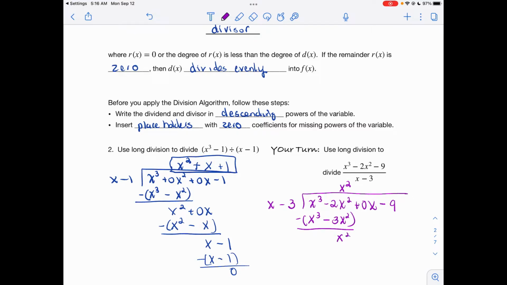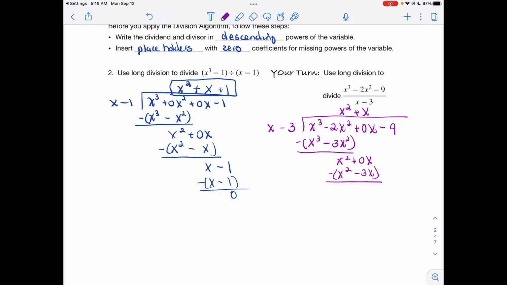That gives me an x squared. Bring down the next term. What can I multiply x by to get x squared? A positive x. So it gives me x squared minus 3x. Subtract that, and that gives us a positive 3x minus 9. What can I multiply x by to get positive 3x? Positive 3. So I get 3x minus 9. Subtract that, and I get 0. So you should have gotten the answer of x squared plus x plus 3.